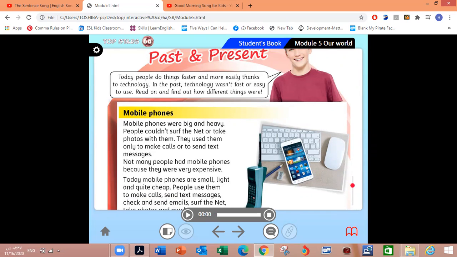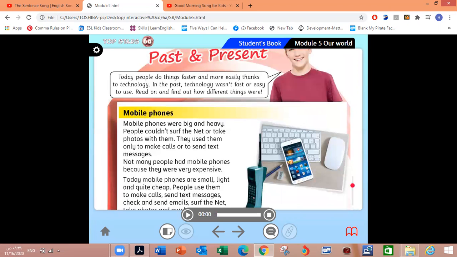What do people use mobile phones for today? They use them to make calls, send text messages, check and send emails, surf the net, take photos, and much more.